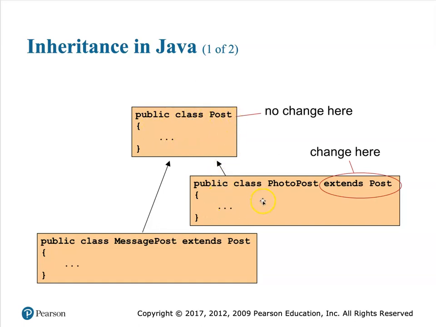But in the subclasses, public class photo post extends post. This is what makes it a subclass. You can only ever have one extends in a single class in Java. So photo post is a subclass of post, and message post extends post, so message post is a subclass of post.